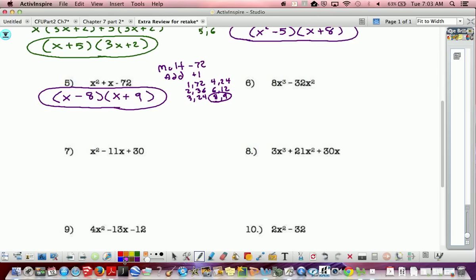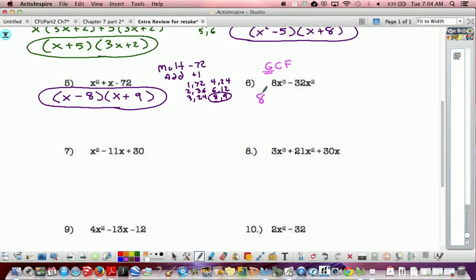Number 6, 8x cubed minus 32x squared. Only 2 terms, so I'm thinking at first, difference of perfect squares. However, 8's not a perfect square, neither is 32. Here's where I finally have one where I'm looking at greatest common factor. What do they have in common? And I'm picking the greatest.